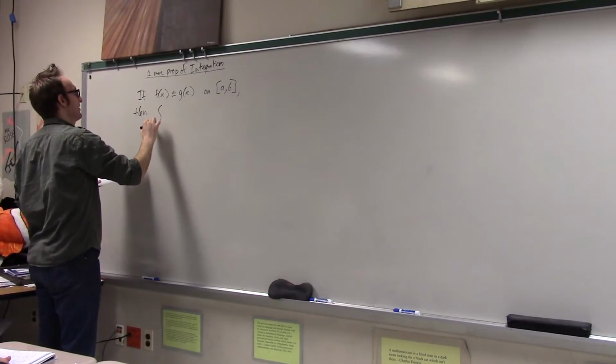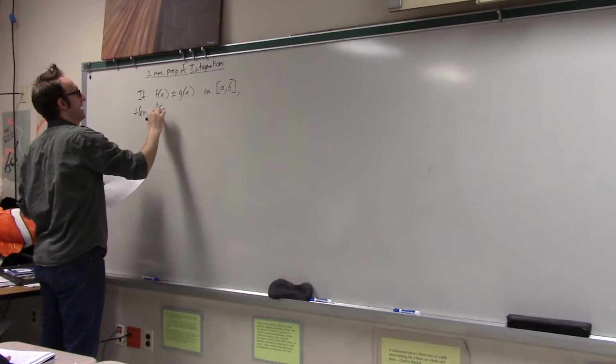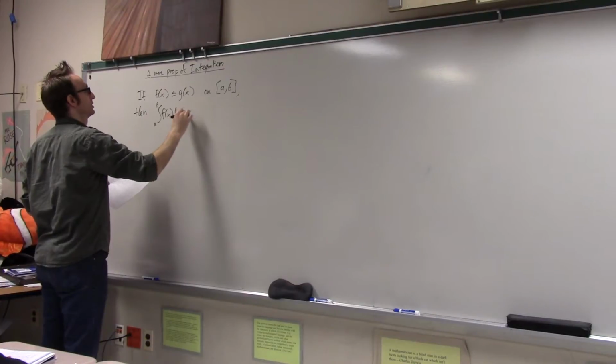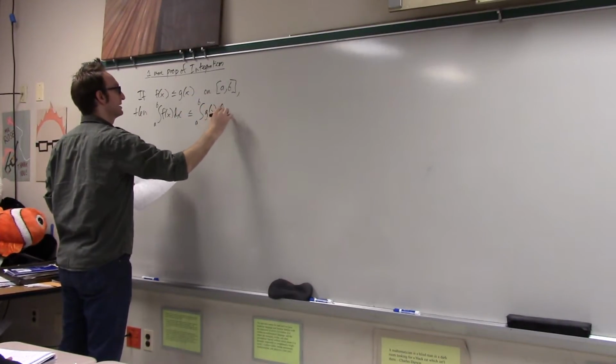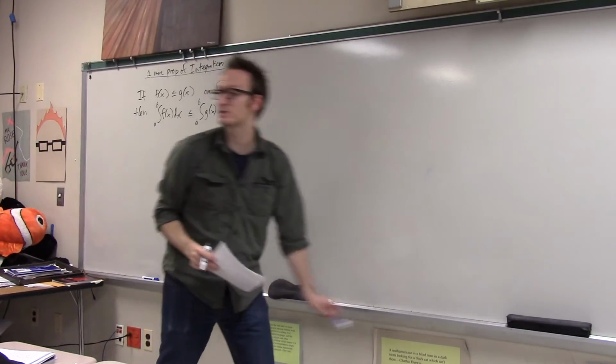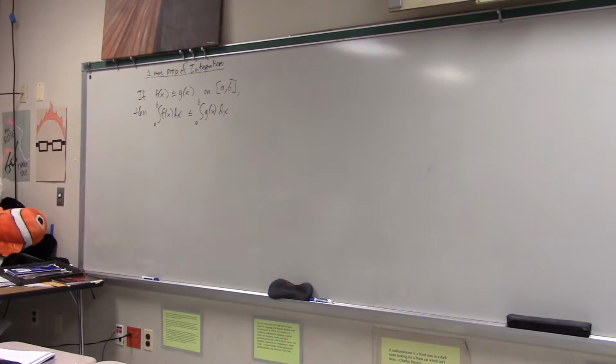Yeah, then it seems pretty clear that the integral from a to b of f should be less than or equal to the integral from a to b of g. And yeah, that seems really obvious. Why does that seem so obvious?